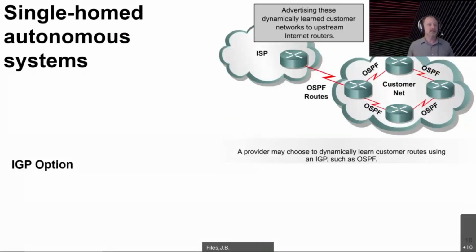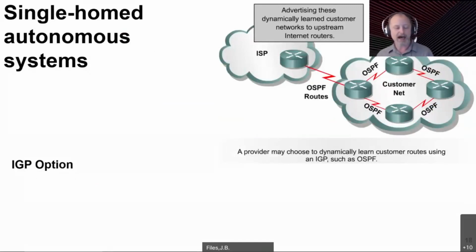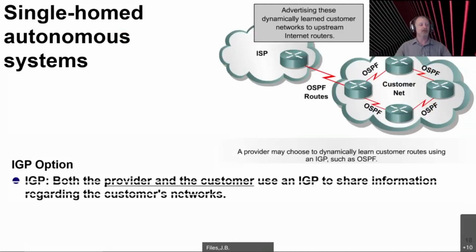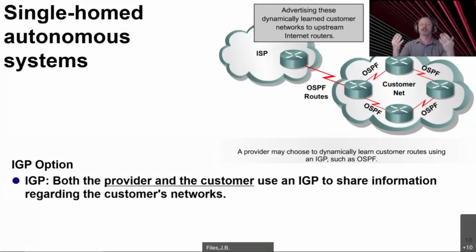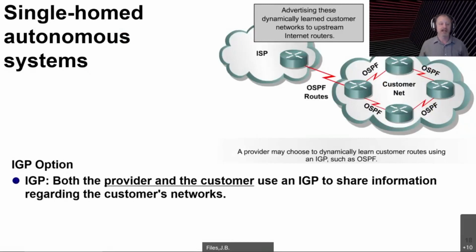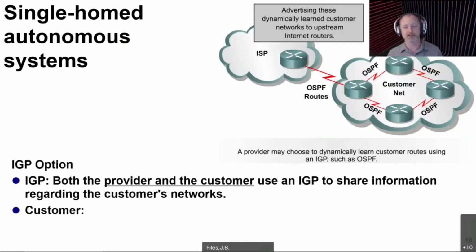We might possibly use our interior gateway protocol to share routes with the service provider back and forth, instead of even bothering with BGP.